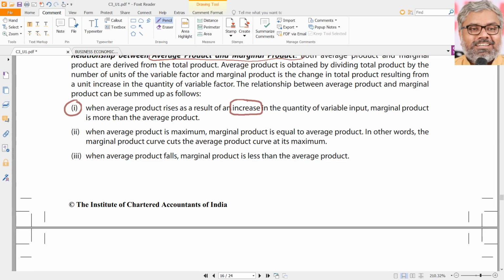What happened? The marginal product is more than the average product. When? As long as the average product was rising. So when the average product was on the rising side, marginal product is more than the average product.